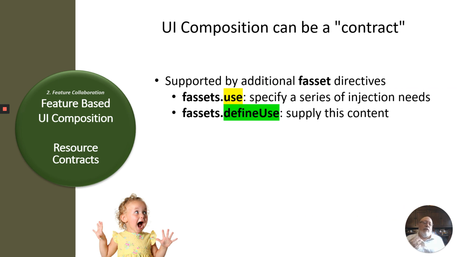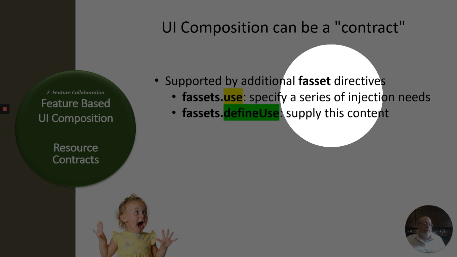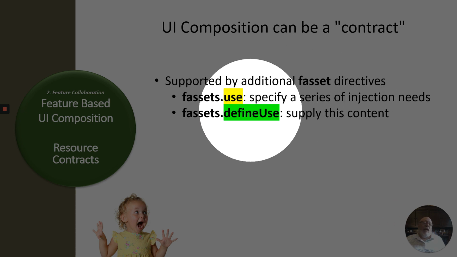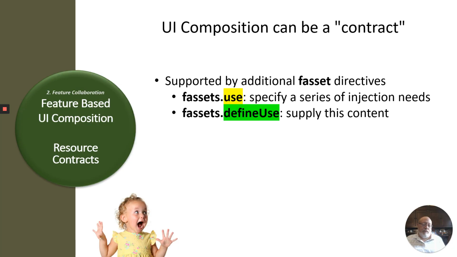So this is defined through additional facet directives. Remember, I mentioned that the facets has several subdirectives. Well, it also has the use directive, and that specifies a series of injection needs, and the defineUse defines a resource under a usage contract.